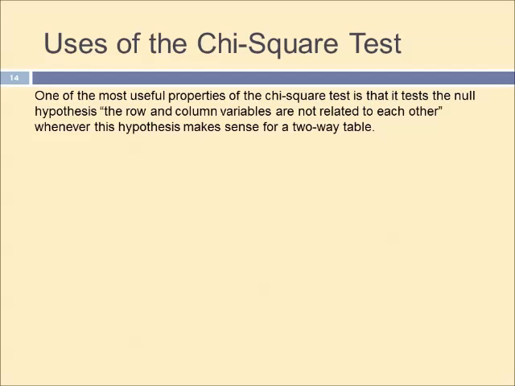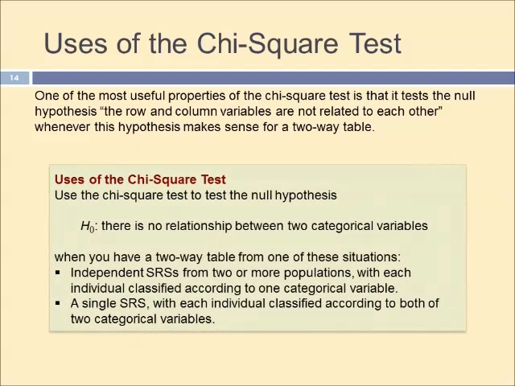So one of the most useful properties is that it tests the null hypothesis that the row and column variables are not related to each other. And that is whenever this hypothesis makes sense. So basically, we're testing the null hypothesis that there is no relationship between two categorical variables.